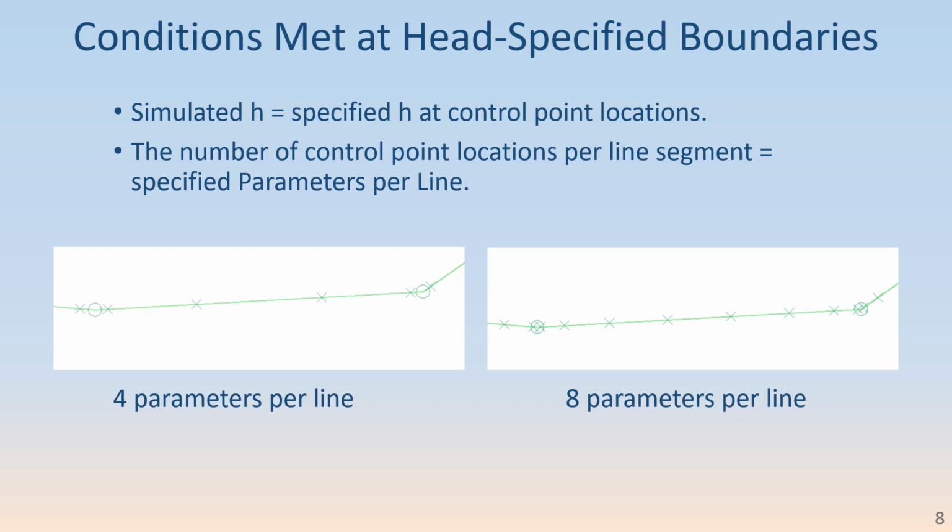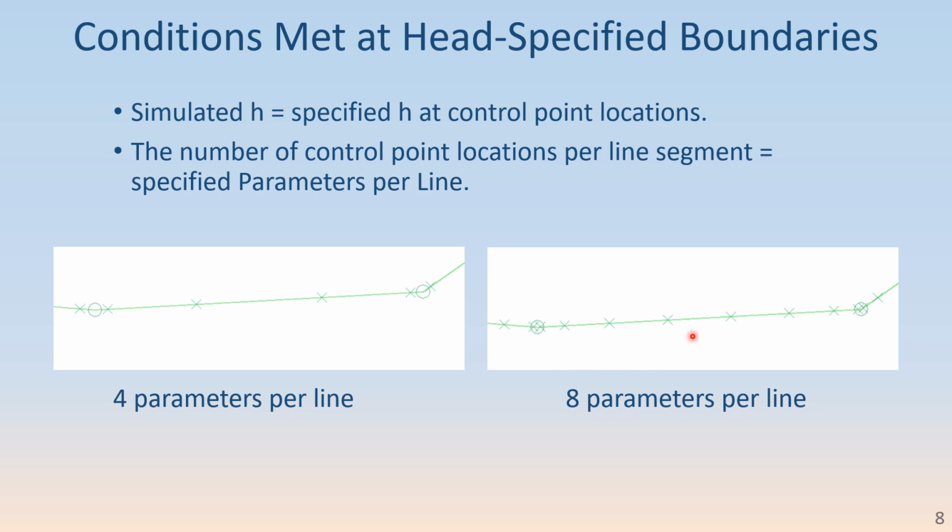Let's talk about head-specified line boundaries and how those specified heads get applied. You basically determine a number of control points based on your parameters per line. Say if it's 4 parameters per line, these little X's would be the 4 control point locations for this line segment. And each line segment in the polyline gets 4 control points. Here's the same thing, but where we've selected 8 parameters per line.